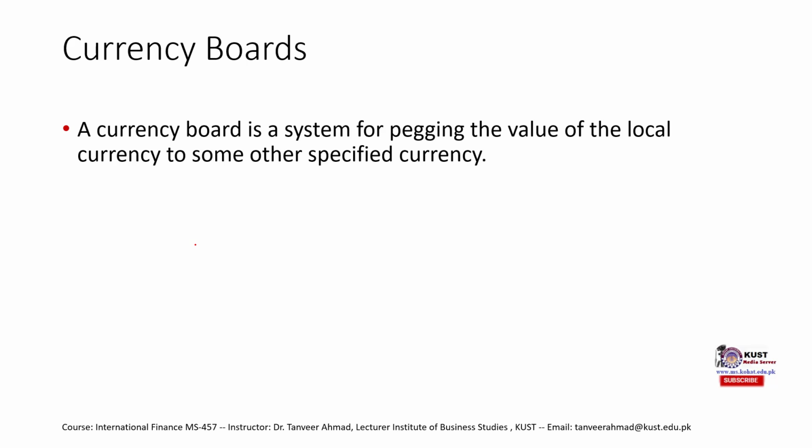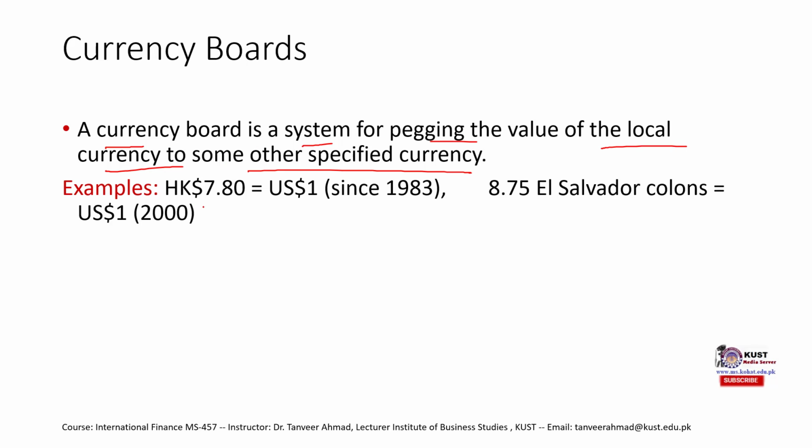A currency board is a further subtype of pegged currency system, a system for pegging the value of the local currency to some other specified currencies. For example, we discussed the Hong Kong dollar at 7.8 being pegged to the US dollar.